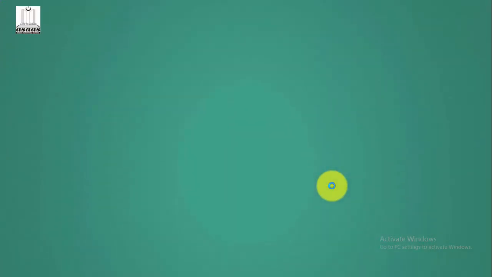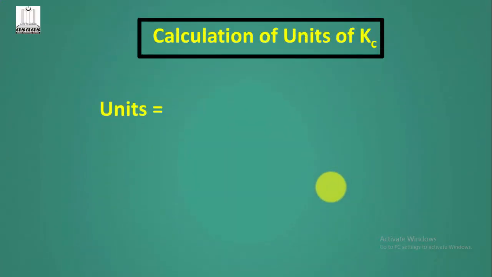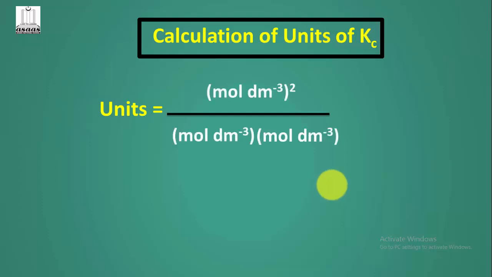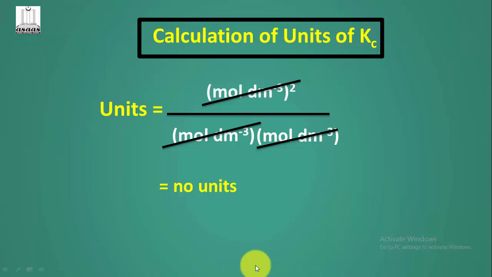It is not necessary to write this calculation of units of Kc in your test or in your proper exam. You can find out the units by just judging the powers of the coefficients, in rough.